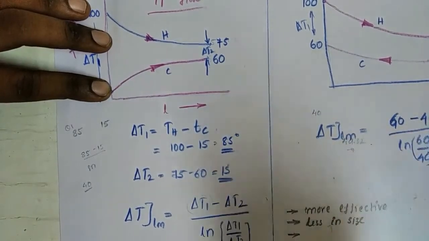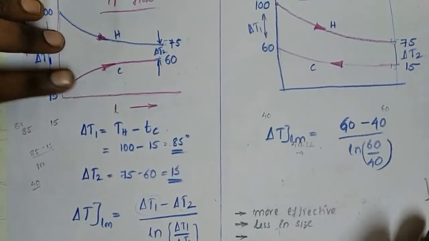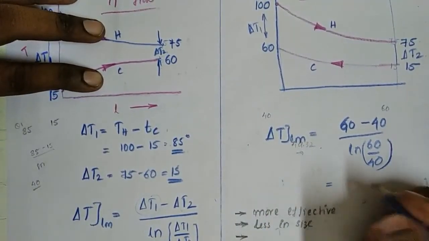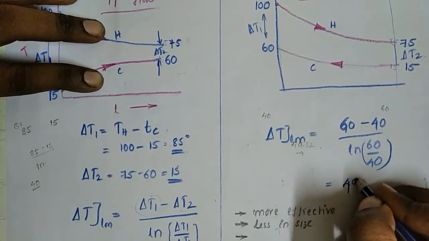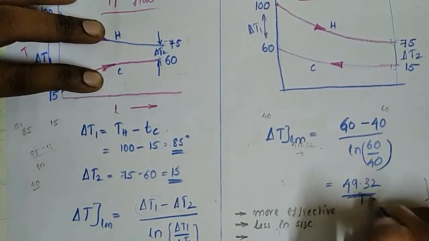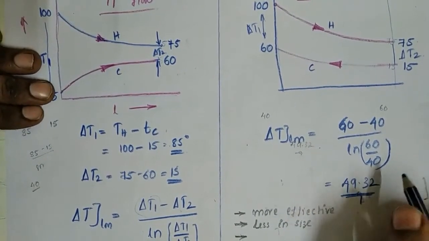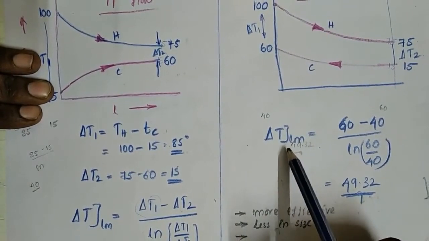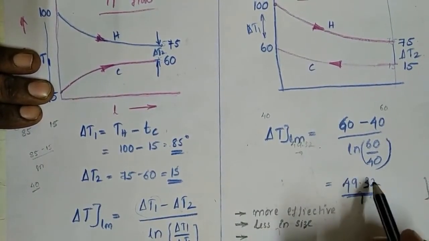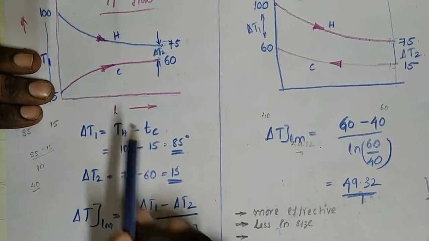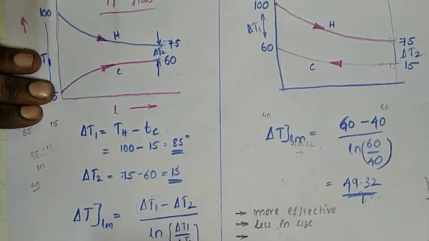Kindly do and check. It will be nearly 49.32. That means the LMTD for the counterflow heat exchanger is 49, and the LMTD for the parallel flow heat exchanger is comparatively 40.33.